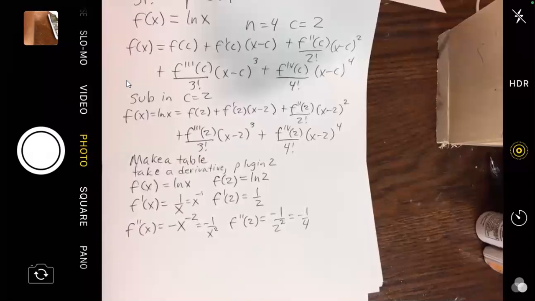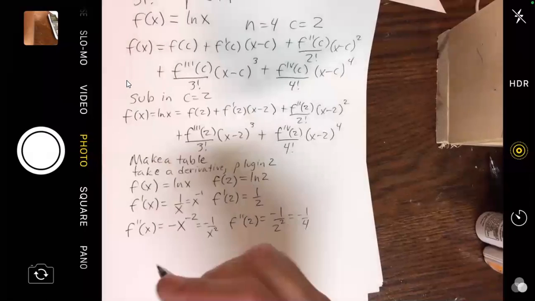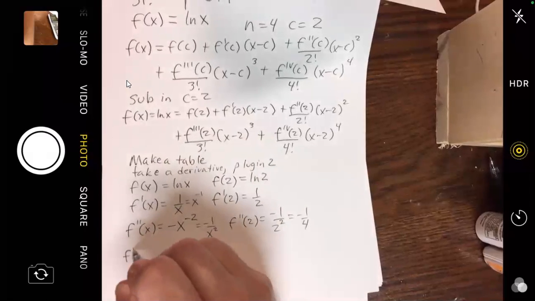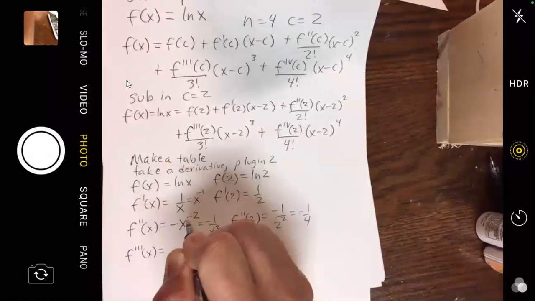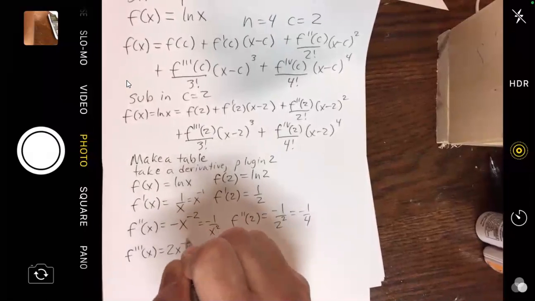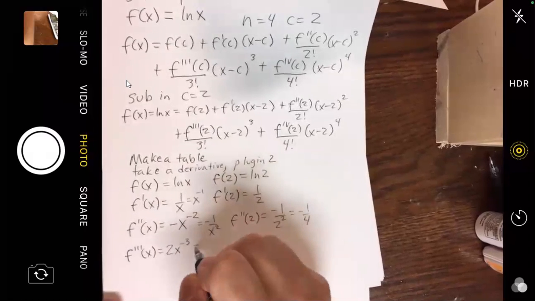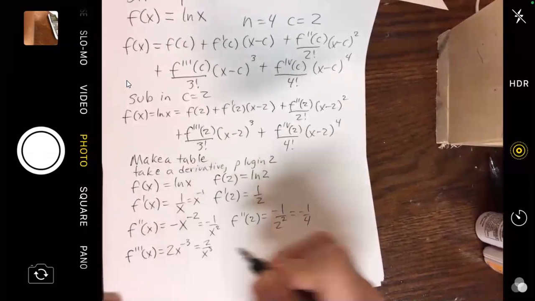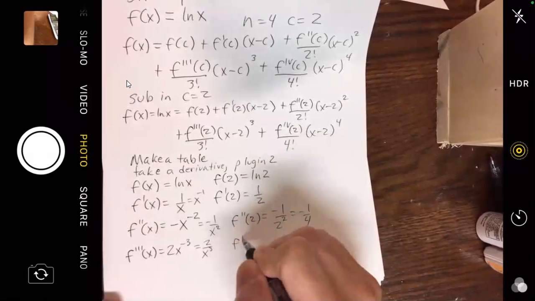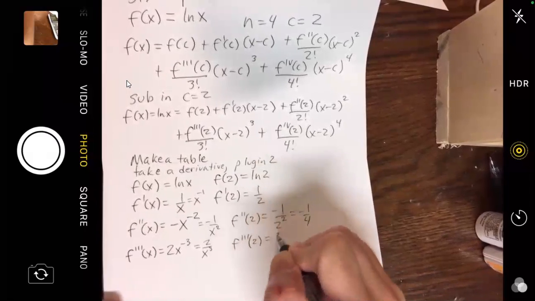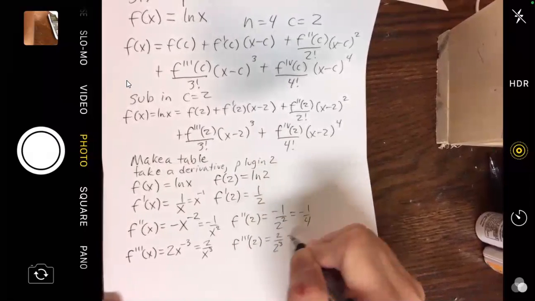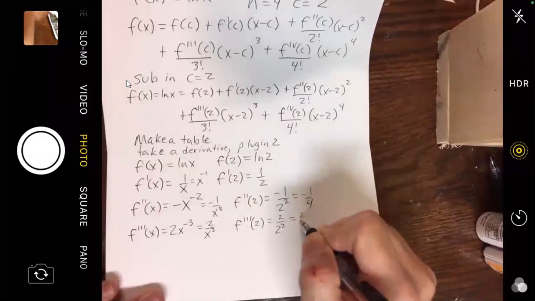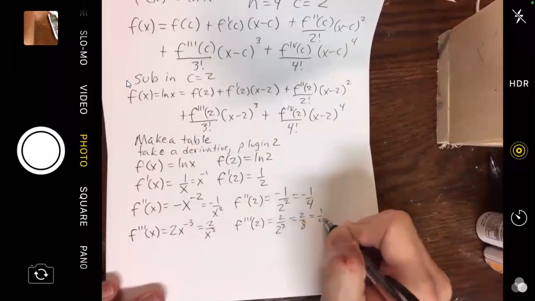Two more rows to go, two more derivatives. f triple prime of x, you'll have a positive 2x to the negative 3. You want to write that as 2 over x cubed. f triple prime of 2 is then 2 over 2 cubed. That's 2 over 8, a positive 1/4.